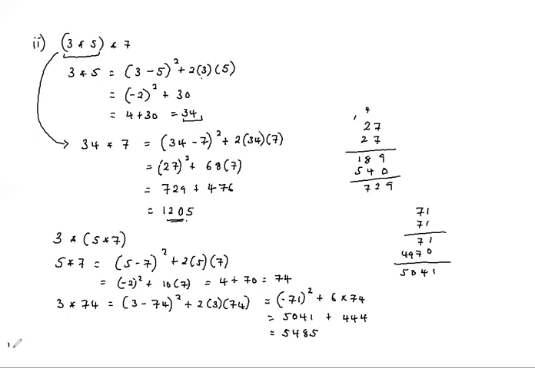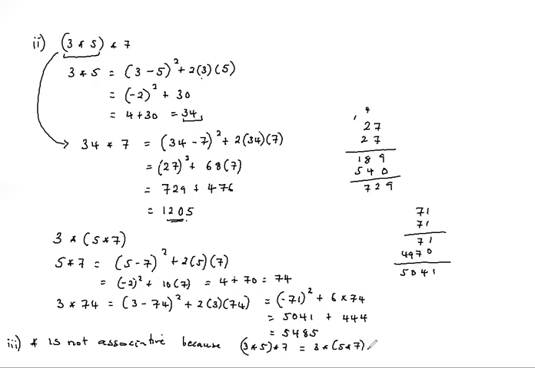So the third question was asking us to check if star is associative. Now star is not associative. Why? Because 3 star 5 star 7 is not the same as 3 star 5 star 7 with the brackets moved.